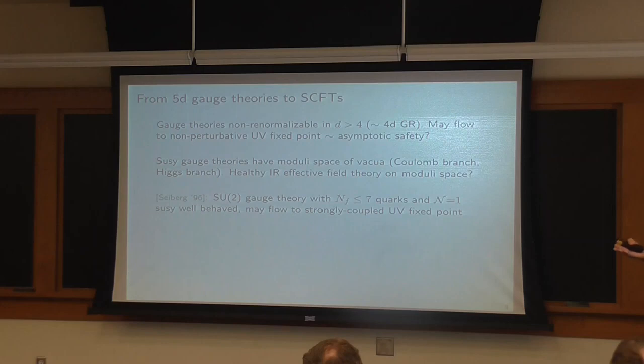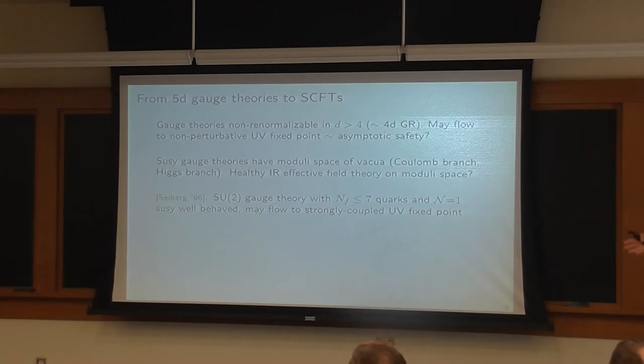In other words, can I cook up, using Lagrangian methods, some necessary criteria for a gauge theory to be well defined and flow to a strongly coupled UV? The natural thing you want to look at is the space of vacua of these theories. Being supersymmetric gauge theories, they typically have a whole space of vacua. At generic points, the conformal symmetry is spontaneously broken.